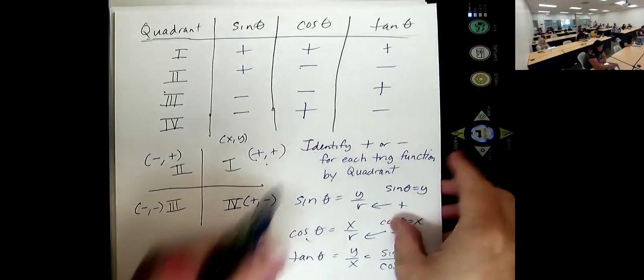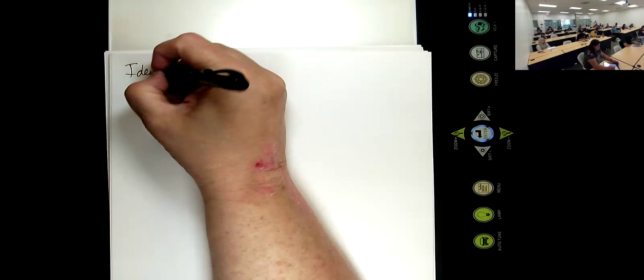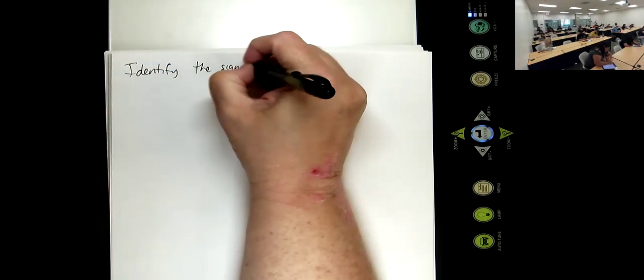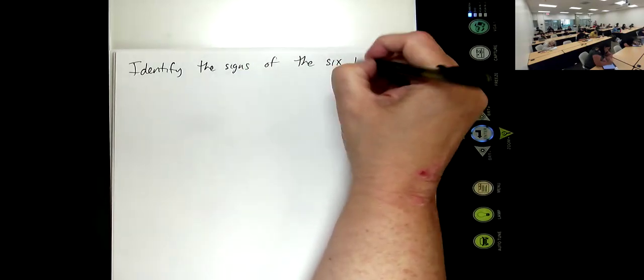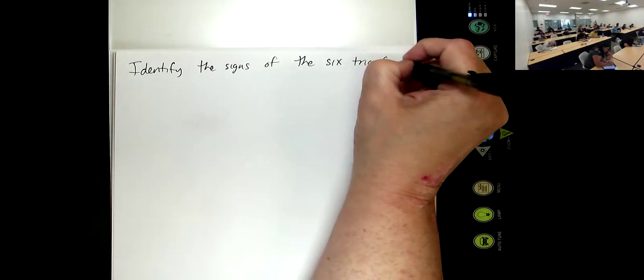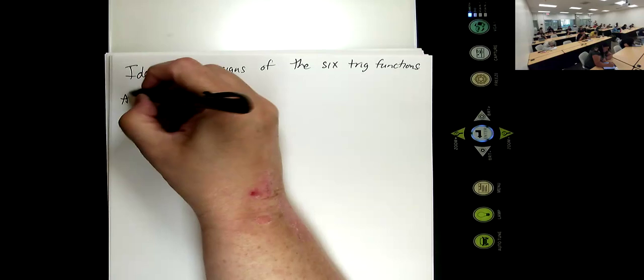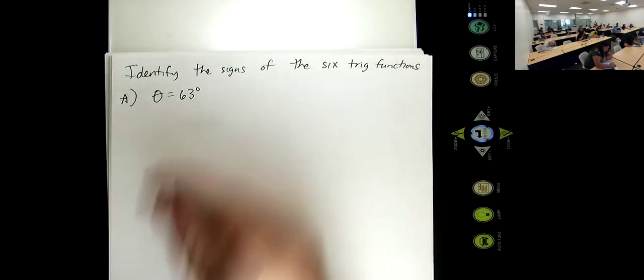We're gonna do some examples with these. Identify the signs of the 6 trig functions. So for A, we're gonna say theta equals 63 degrees.